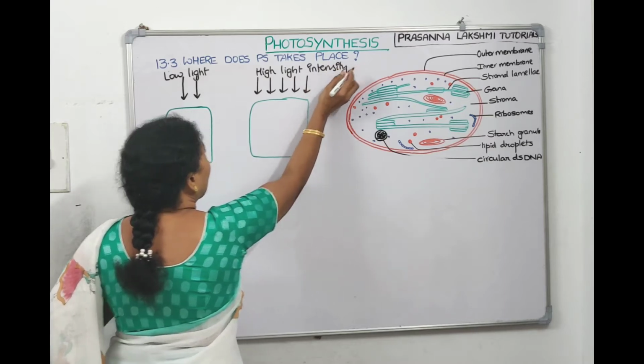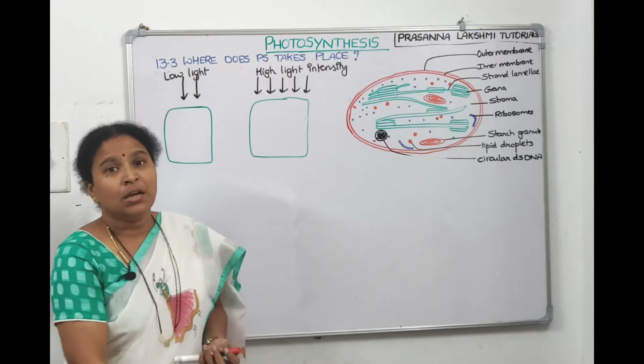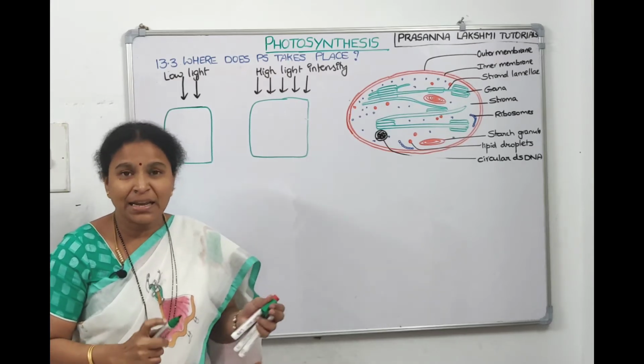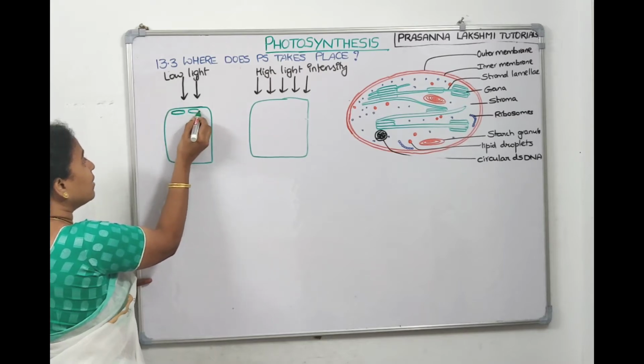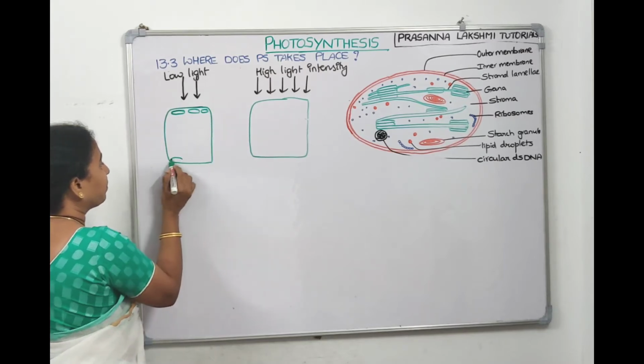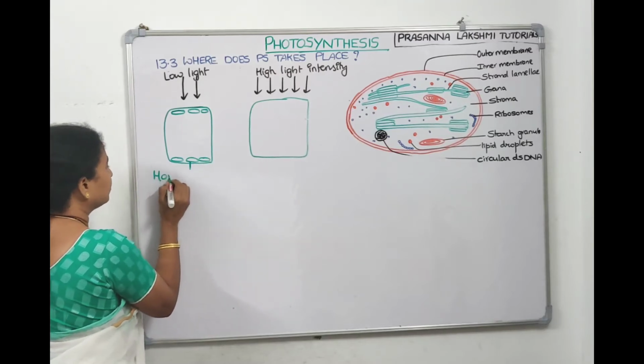At low light intensity, to trap as much light as possible, the chloroplasts will be horizontally arranged, in this manner.